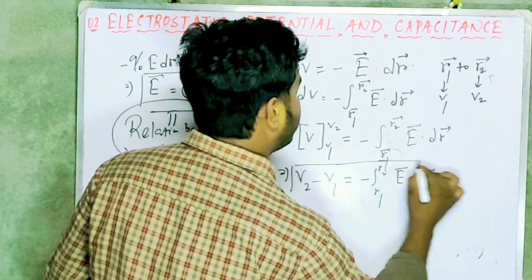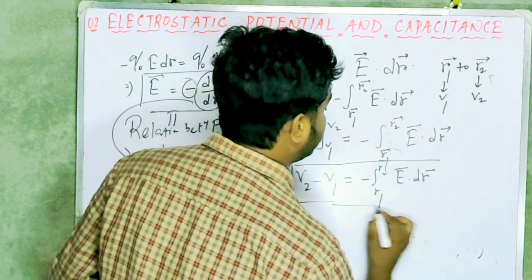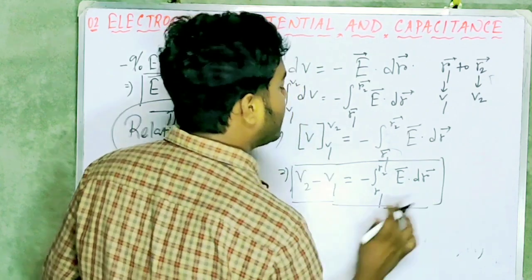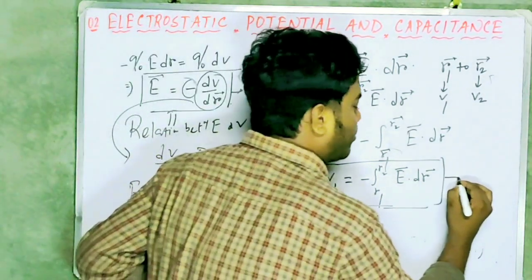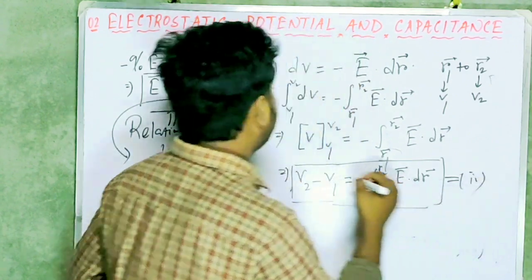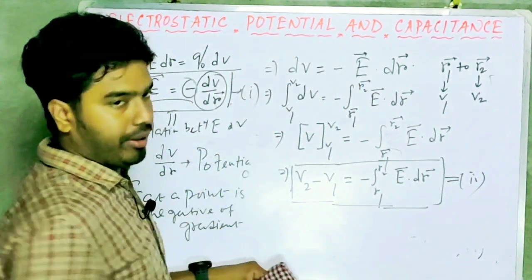This is the expression of potential difference in terms of electric field and position vector. This is an important relation. Write this as equation 2, and that one is equation 1.